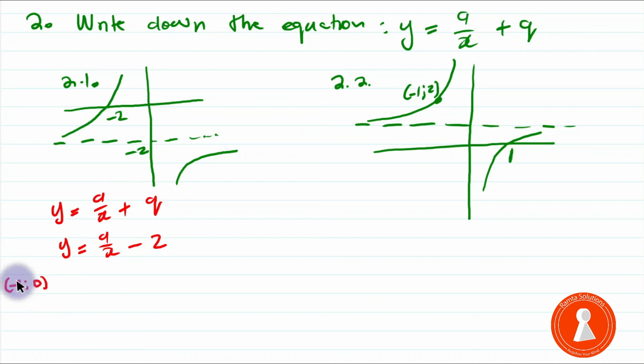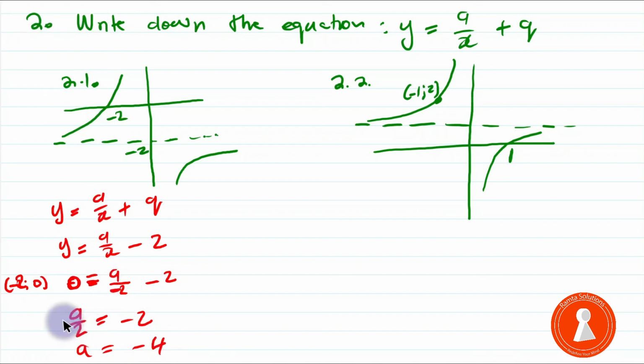So where there's x, you put -2. Where there's y, you put 0. So y is 0, and then x is -2. So we have, let me just take this one to the other side. A over 2 equals -2. What do we have? We have a equals -4.